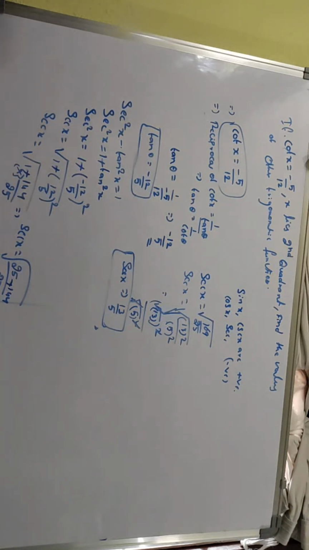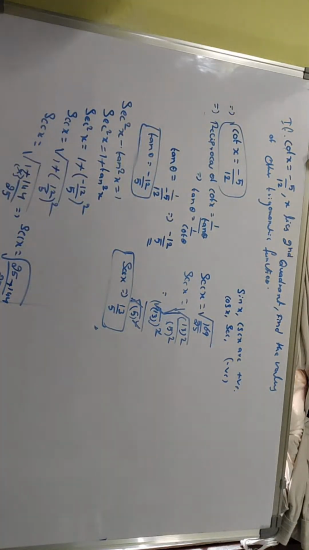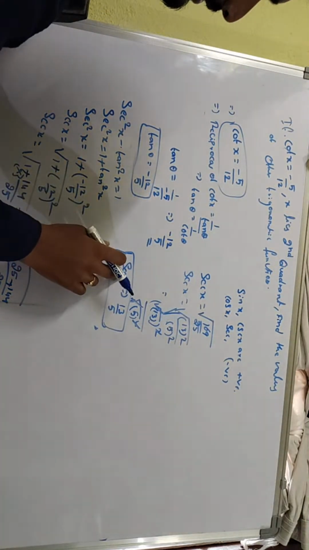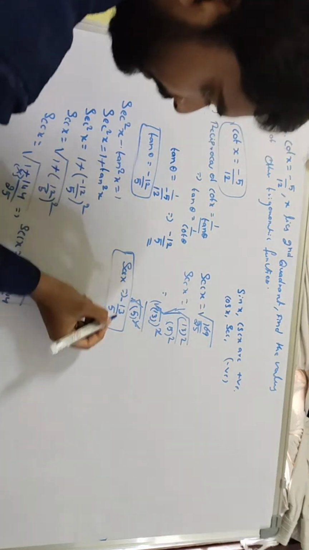For homework purposes, next I will give, for finding the remaining 3 trigonometric functions. For that purpose we are finding, but secant x is negative in the second quadrant, that's why we replace with minus.